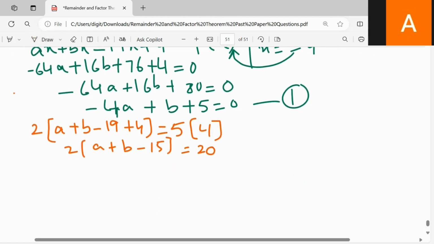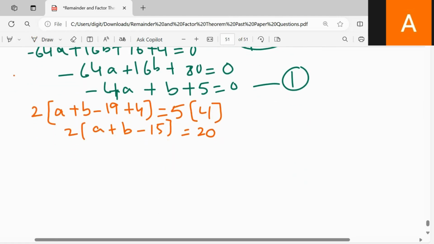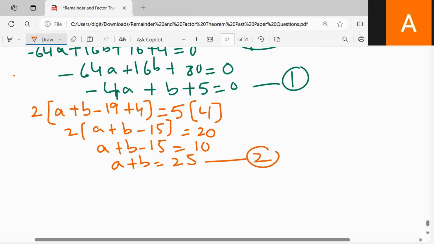Now you can divide it by 2. You can write here a plus b minus 15 is equal to 10, and a plus b is equal to 25. It's the second equation. Now we will solve these equations simultaneously.